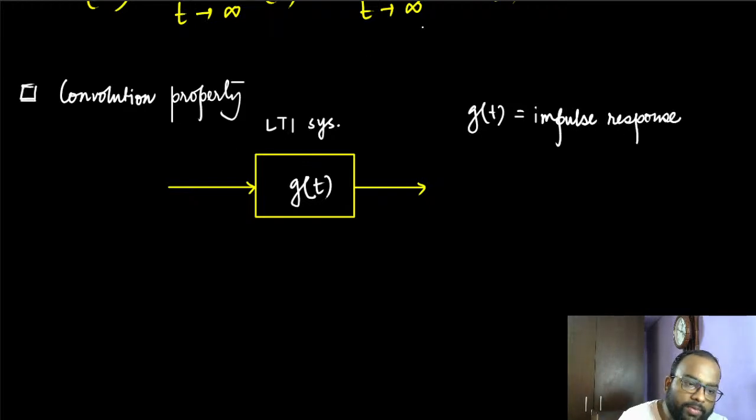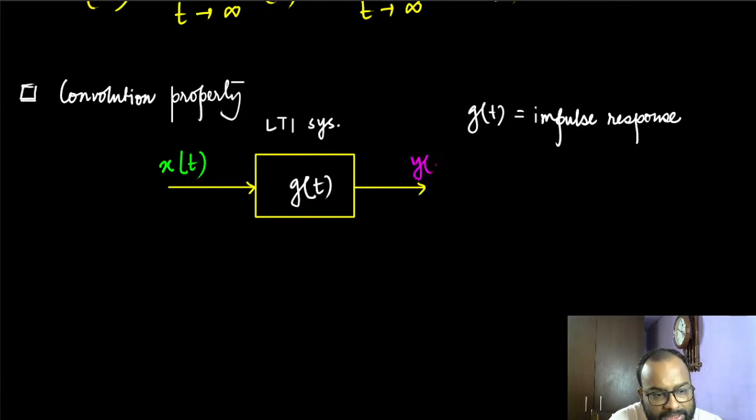Now, again we derived this in our signals and systems classes, that if we now excite the system with any arbitrary input x(t), then we can calculate the output of the system if I know the impulse response.